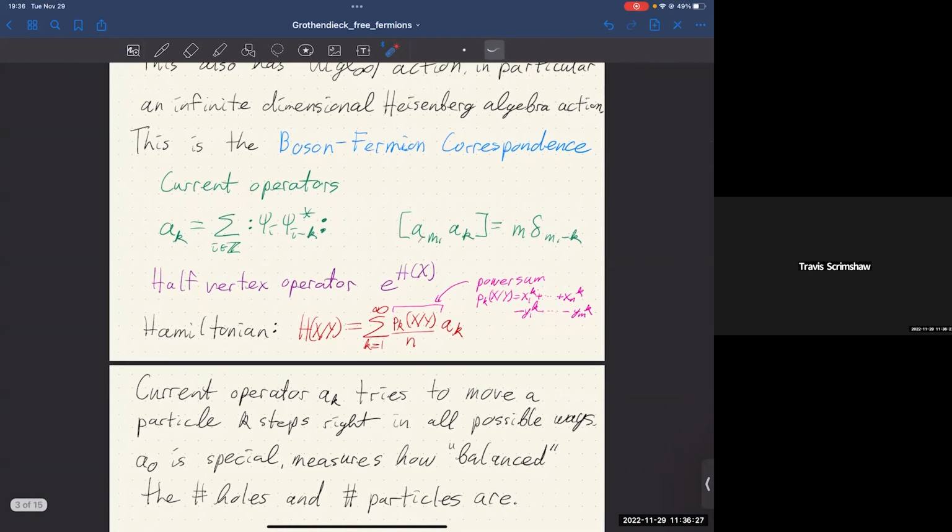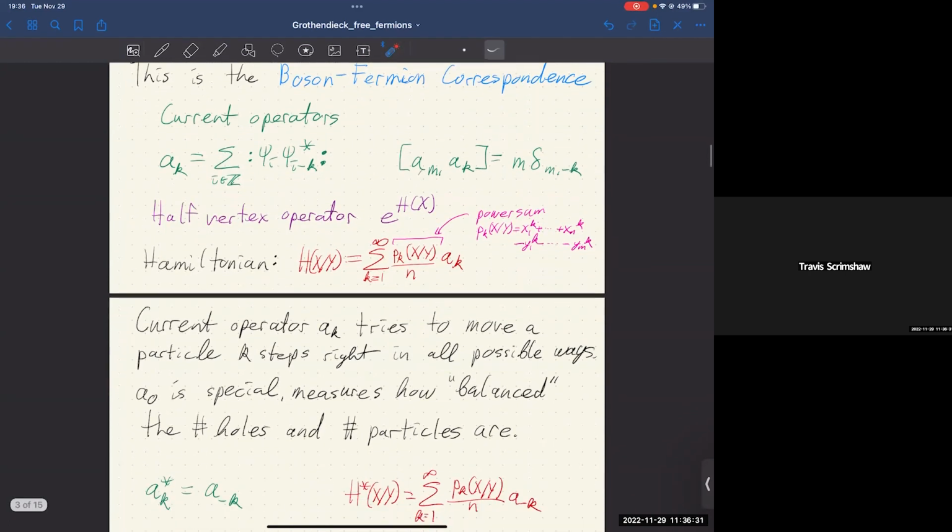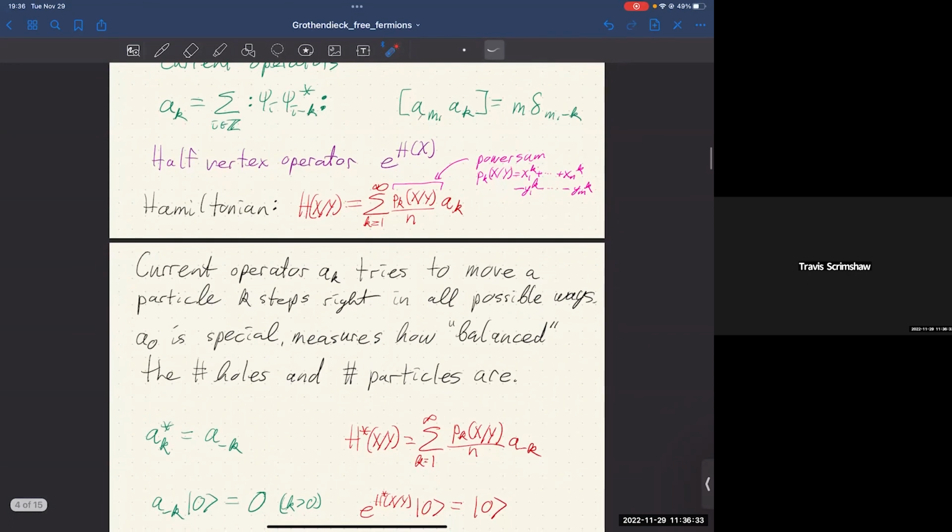So, okay, I've introduced a lot of definitions. If you haven't seen this before, it seems like a lot, but we can describe everything in terms of how the particles move. Well, at least for the current operators. So if I take an A_k, what this is doing is it's trying to move a particle k steps to the right, and it's doing it in all possible ways.